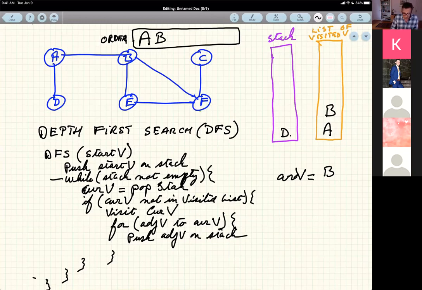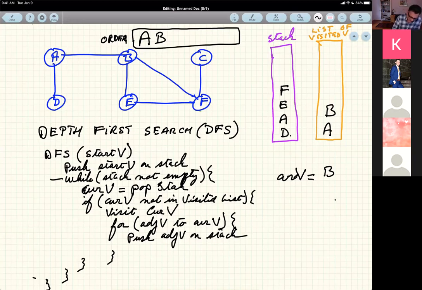Then I find all the vertices that I can reach from B: A, E, and F. I pushed A, E, and F onto the stack.